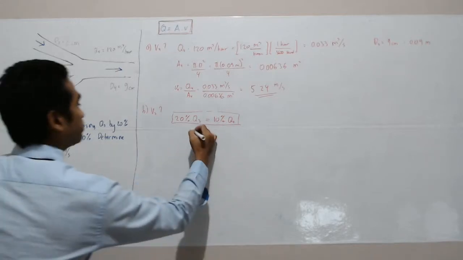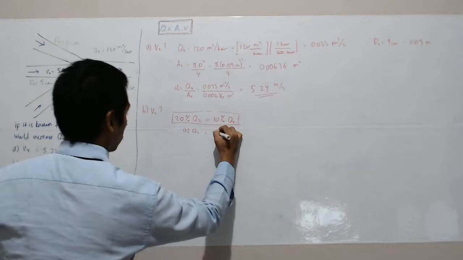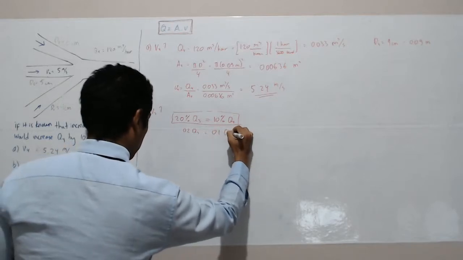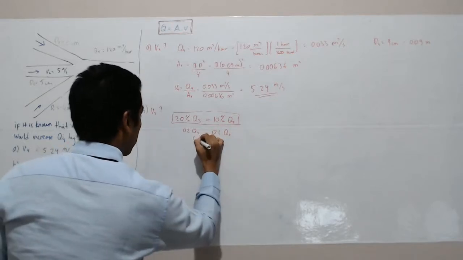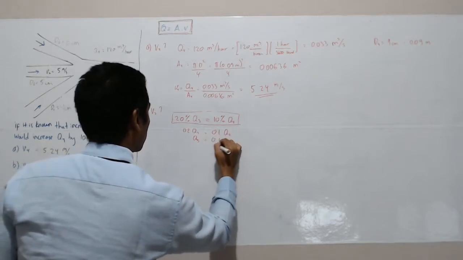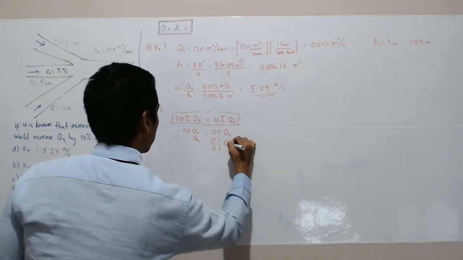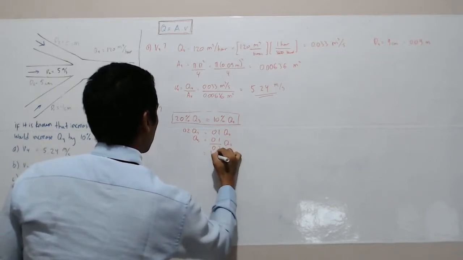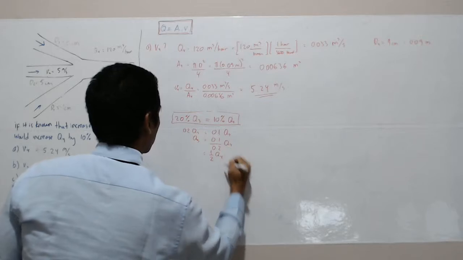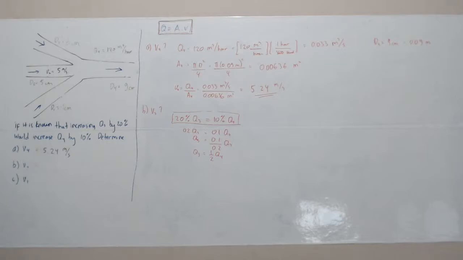So if we simplify, 0.2 Q3 is equal to 0.1 Q4. Q3 will be equal to 0.1 over 0.2 Q4, or half of Q4. So Q3 is actually 1/2 of Q4.